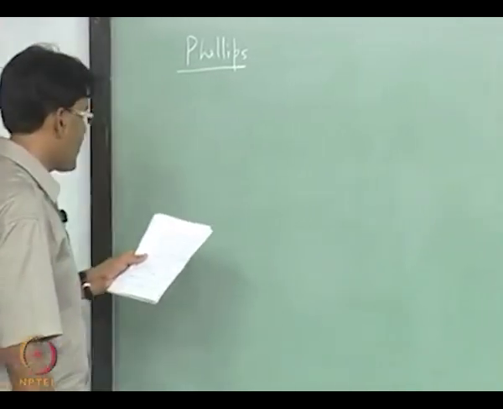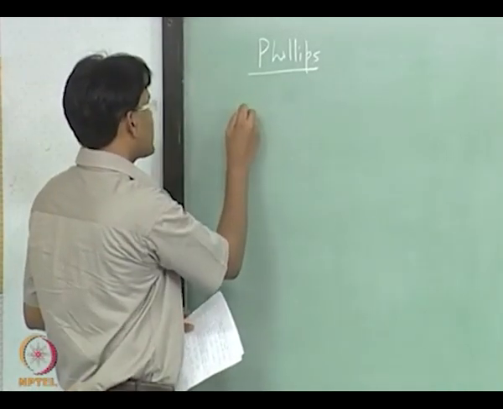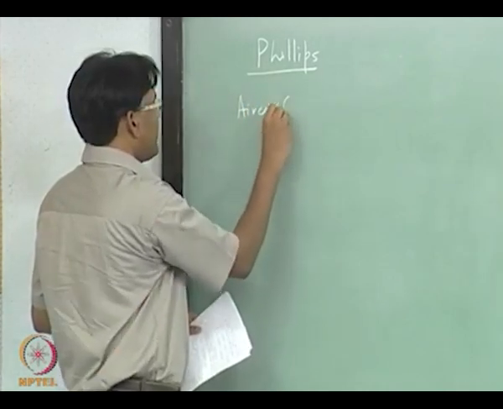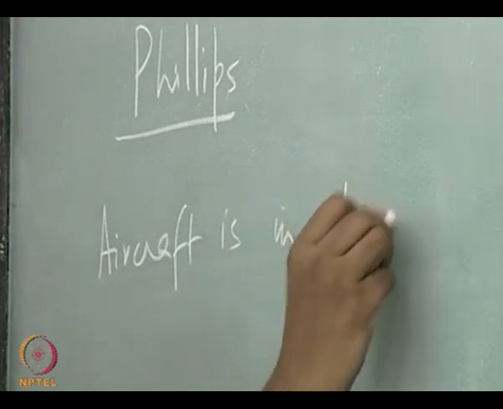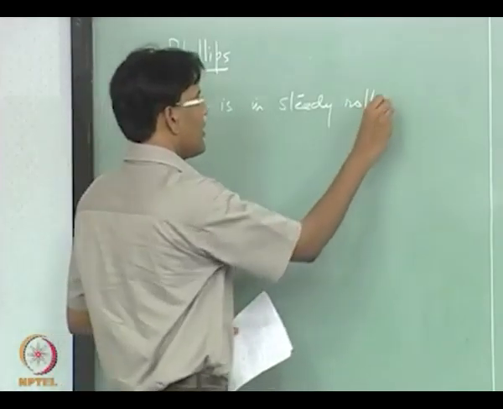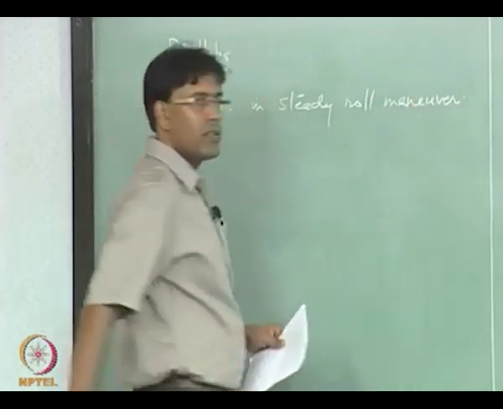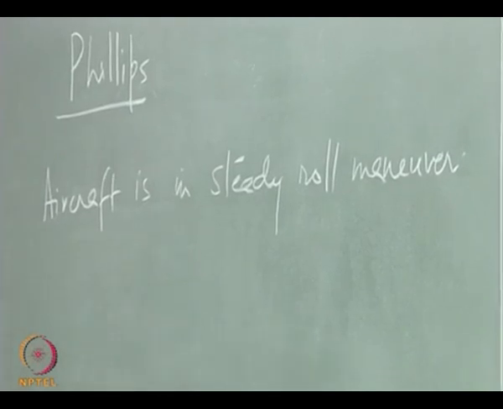So what he assumes is the aircraft is in a steady roll maneuver. So here rates are not 0, like the case that we have seen earlier.